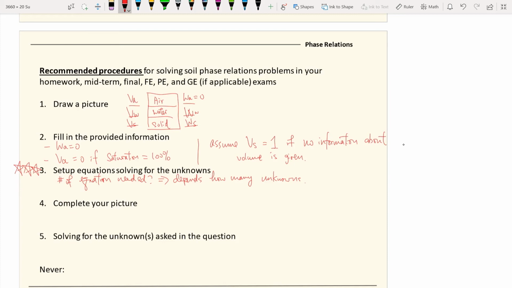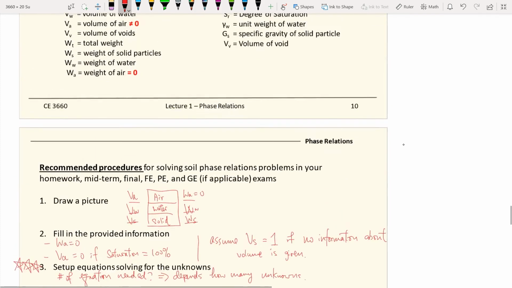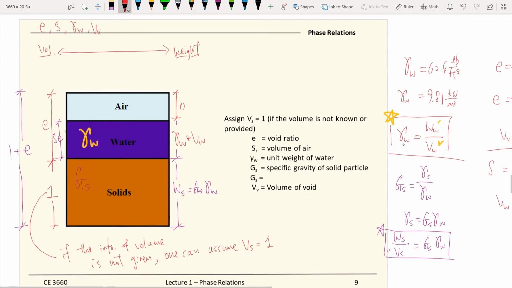To set up the equations you need your understanding of geotechnical engineering, which means the understanding of lecture one on the soil phases. And when you try to set up the equations, don't forget you have two very good bridges you can use, which we talked about in the previous slide. These two equations can always help you to simplify or to lock down two unknowns, because those two equations are kind of like a link connecting the volume and the rate.